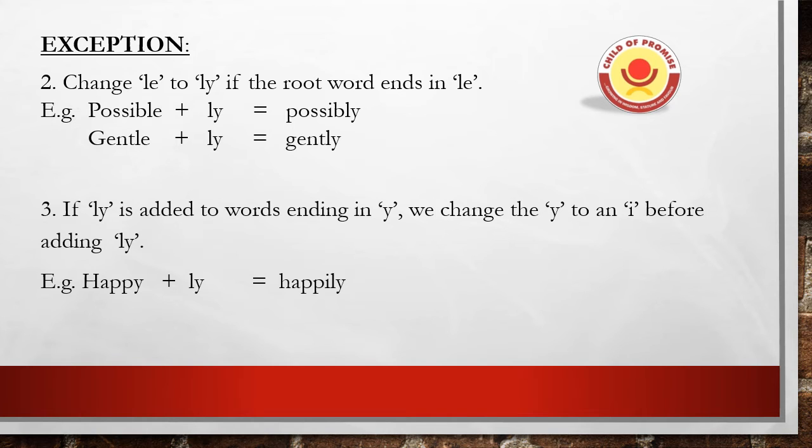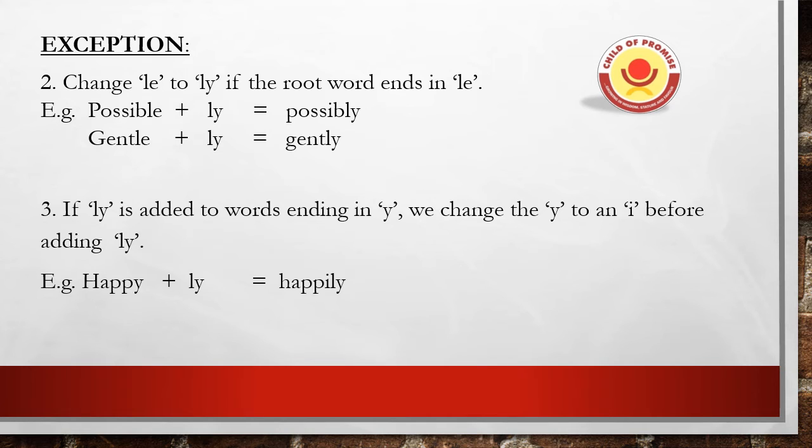All right, so you can see possible plus ly. We have to entirely remove that le and replace it with ly. So it turns to possibly. Then gentle, because it ends in le, we have to remove that le and of course replace it with ly, and it becomes gently, right?